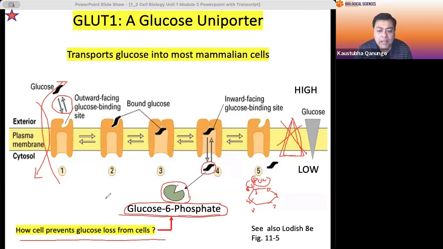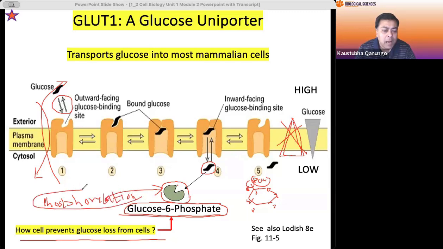Glucose 6-phosphate. Any phosphate adding is the process of phosphorylation. Just due to that word, sometimes people miss those questions. Phosphate adding is phosphorylation, whereas if you take a phosphate from a molecule, we call it dephosphorylation.